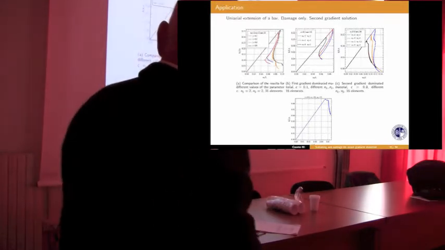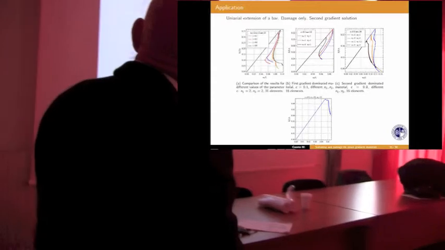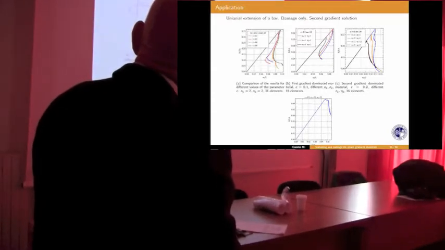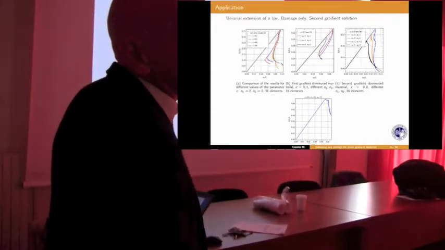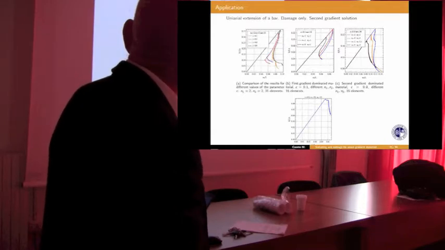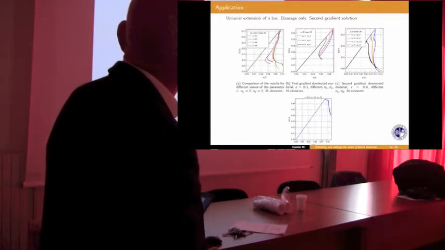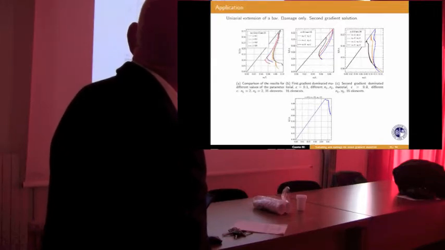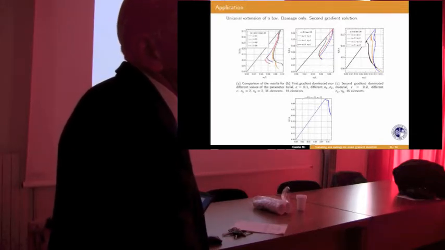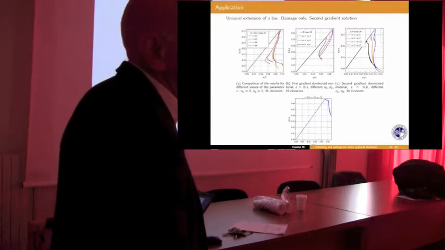It would have been better to see. There are some kinks. These kinks are numerical. That means this happens when the damage is very sharp. So when some Gauss point is activated, we have kinks in these curves.